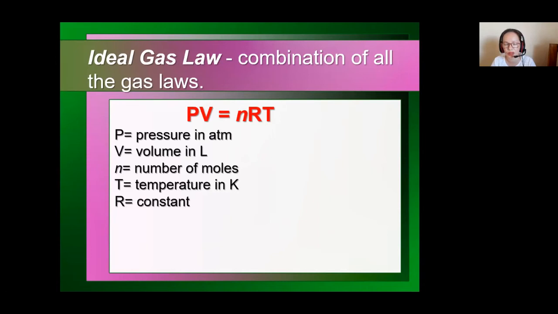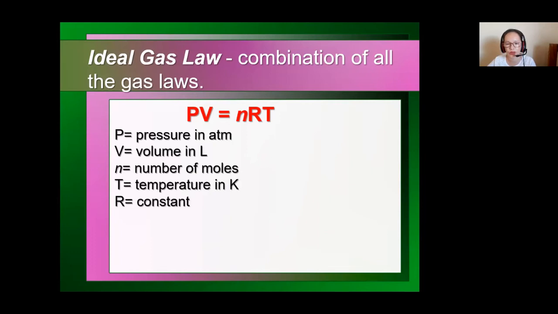So take note that the R constant can be computed by applying PV over nT. And what is that R? So we have to consider all the conditions at STP. So at 1 atmosphere of pressure, a volume of gas is 22.4 liters.